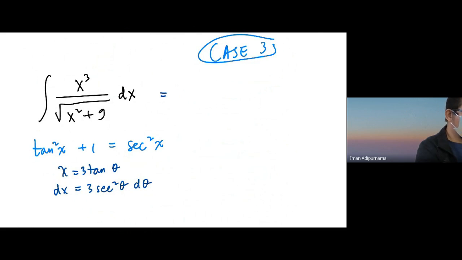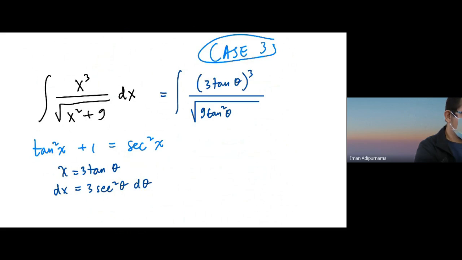Now this will be 3 tangent theta cubed over 9 tangent squared theta plus 9, and the dx becomes 3 secant squared theta d theta.